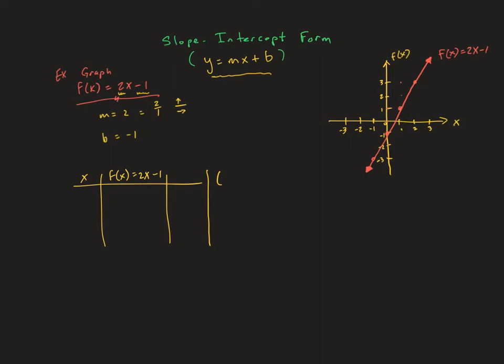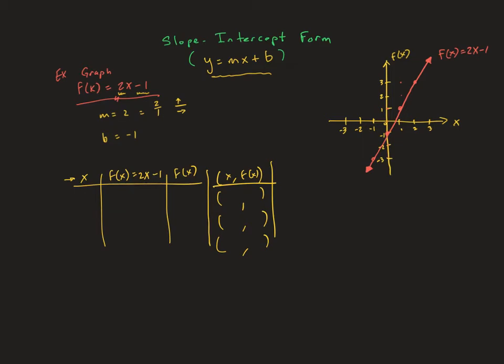We're dealing with a function, f of x, and I'm going to get out of it an ordered pair, x, f of x. I can plug in any values that I want for this x value, because remember, that's my independent variable. I can pick any number that I want.